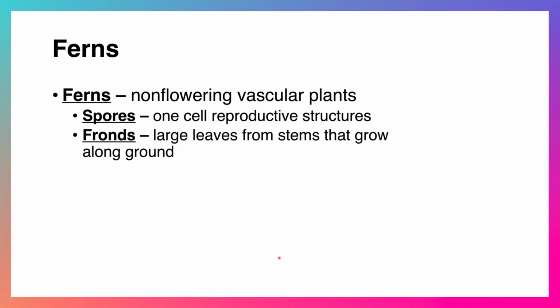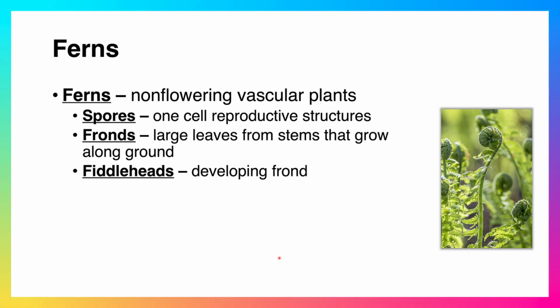In the fern, the big leaves that you see are known as fronds that grow from the stem, and the stem grows along the ground, and then the frond comes up from the stem. A fiddlehead, which is pictured here on the right, is simply a frond that has not unfolded as yet and is still developing.